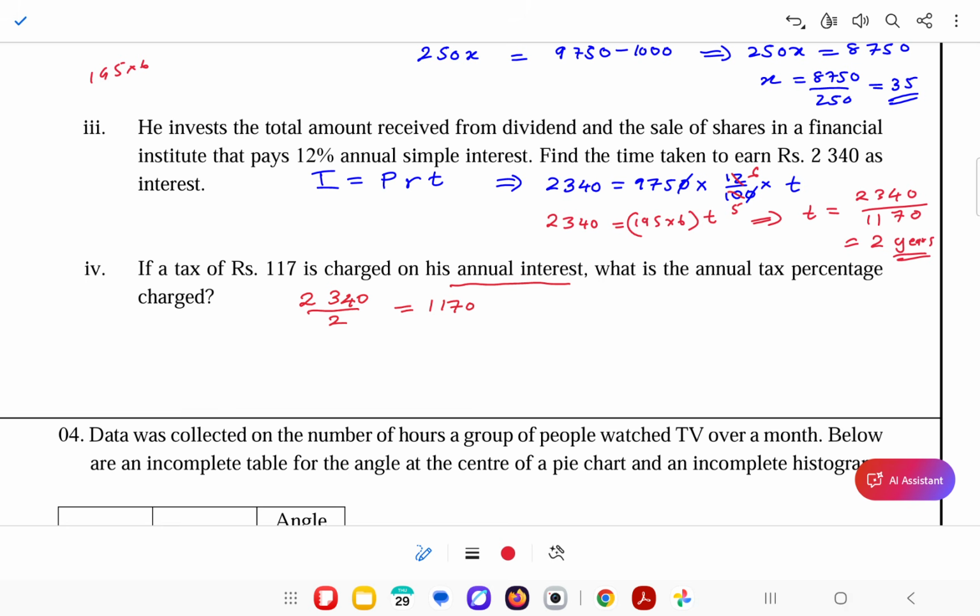Or you can use the simple interest formula with the given data, with time as 1, to find that same thing. So from that he is taxed 117. This is 1 over 10. So 1 over 10 multiplied by 100 to get the percentage, 10%.